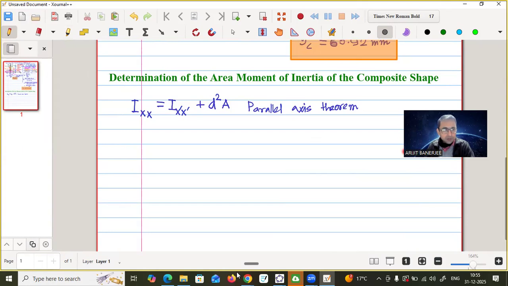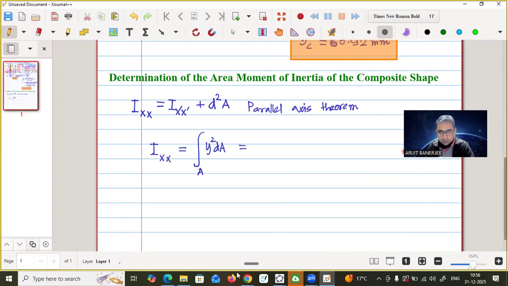Say I, what is the definition of I about the x-axis? It is basically the integral of y square dA, over the area. Now this total area, how much is it?